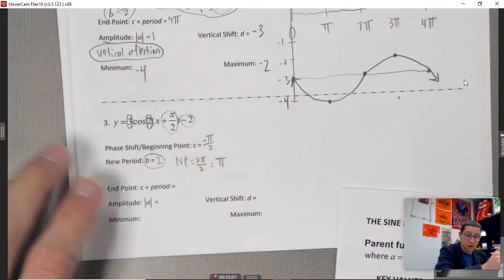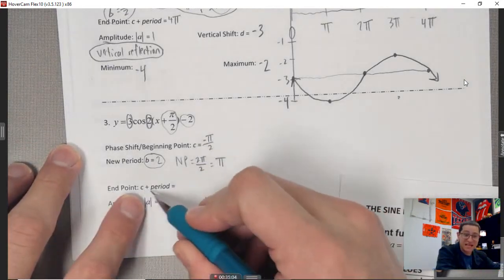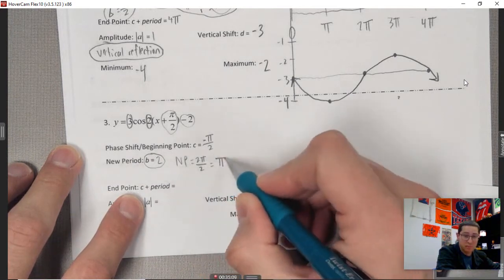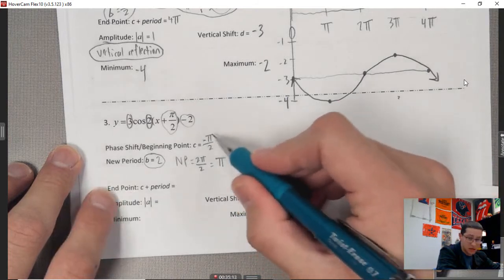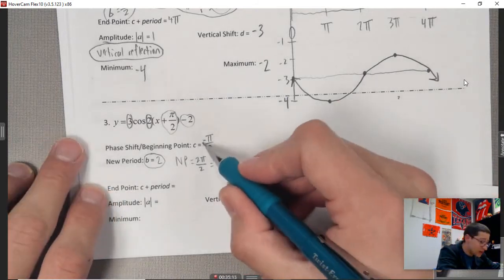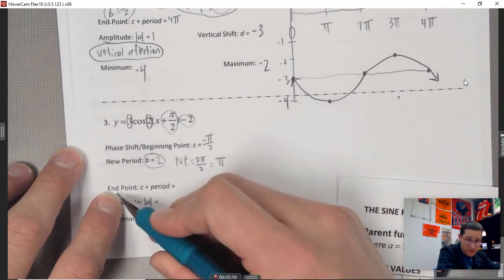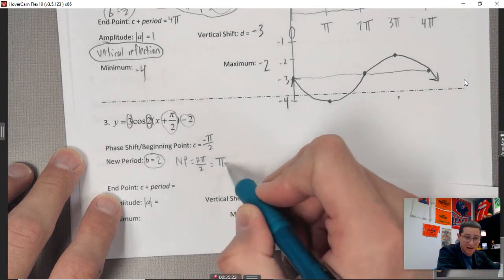Okay? So we have the start point. Let's get the end point. We now know the length of the period is pi. But it's starting at negative pi over 2. So that's going to be the tricky part here. So it's negative pi over 2. For your end point, now we have the beginning point. Let's get the end point. So c, which is this, negative pi over 2, we're adding pi.